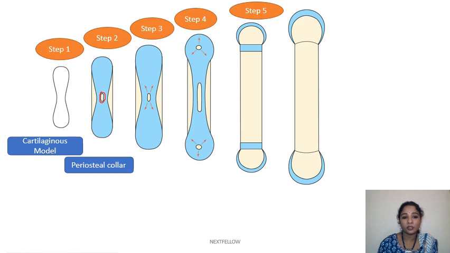This is the primary ossification center, and we can see the periosteal collar. So here is the periosteal collar.